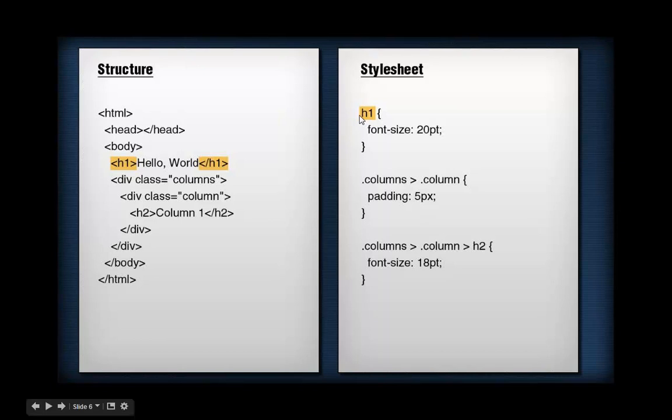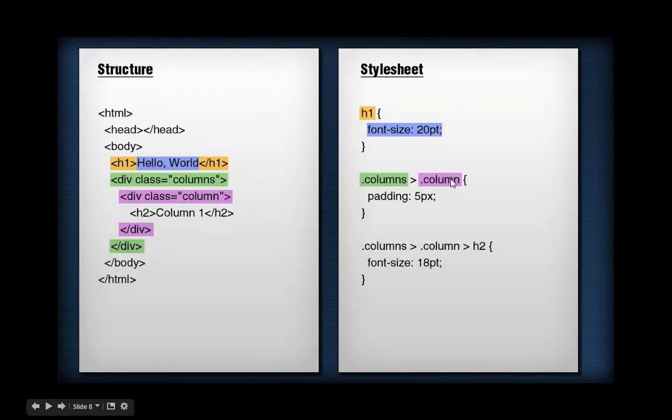That makes an element selector, and therefore any elements of that type will be selected. So when this style sheet is applied, it will find that this H1 selector selects this one element within this document, because there's only one H1 element, and then applies this property to the content within that element.